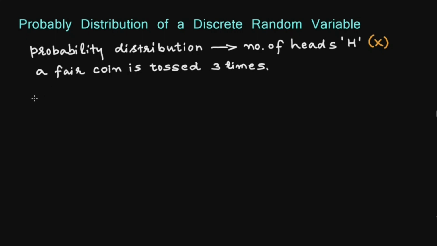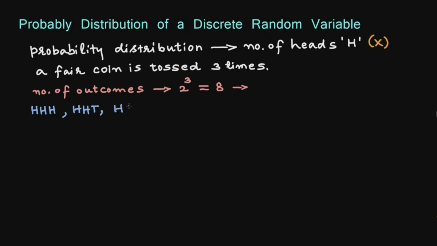In both these cases, number of outcomes will be 2 cube, where 3 stands for number of times the coin is tossed, which is 8, and the list of the outcomes will be HHH, HHT, HTH, THH, TTT, TTH, THT, and finally HTT. Total 8 outcomes.